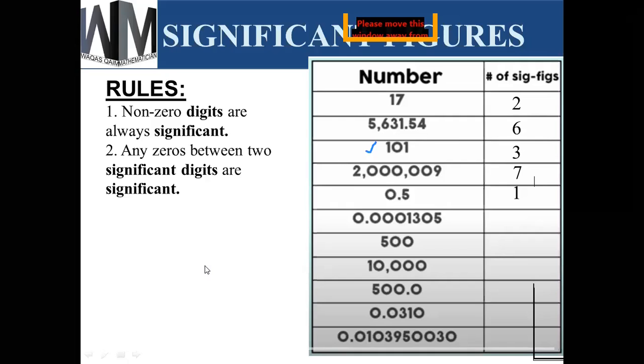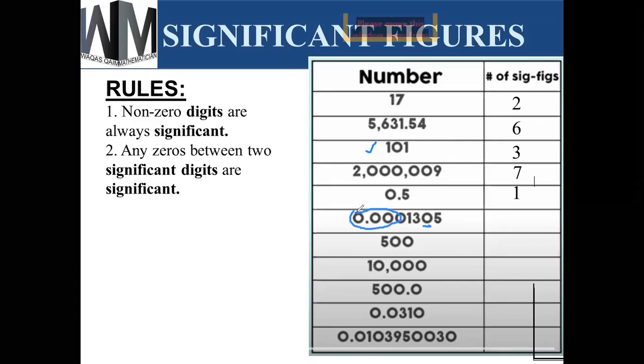It's 0.0001305. So how many significant figures are there in this number? No, Hazik, not 7. In this one, we have 4 significant figures because this is the only zero which is written between the non-zeros, and all the other zeros are not written between non-zero numbers.